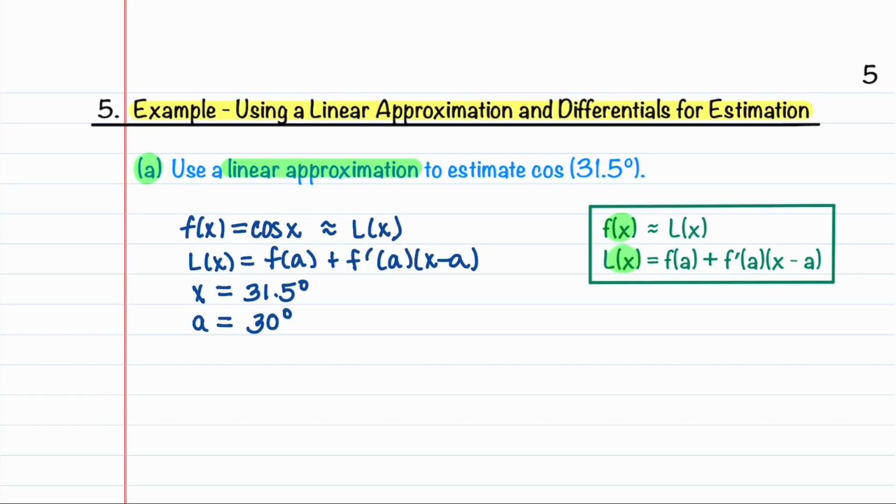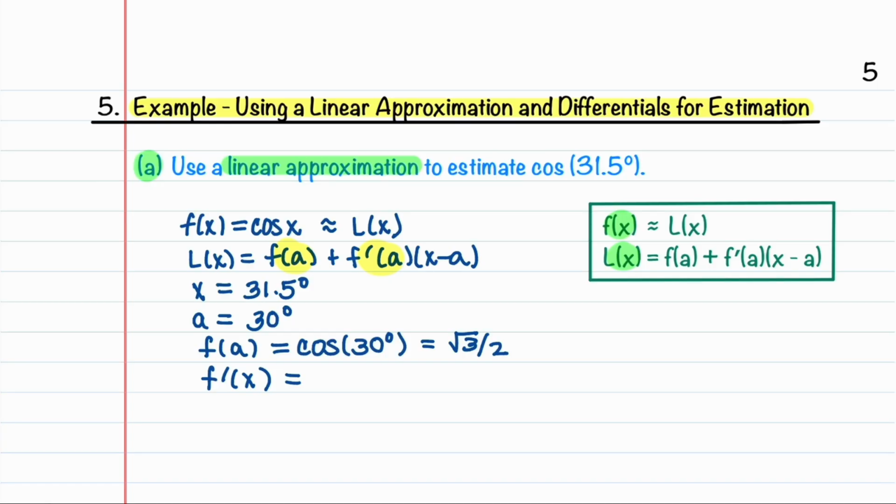Now what we need to find is f of a and f prime at a. F at a is cosine of 30 degrees, and that is root 3 over 2. Now we need to find f prime at a, so we first have to find f prime of x. F of x is cosine, so f prime is minus sine x.